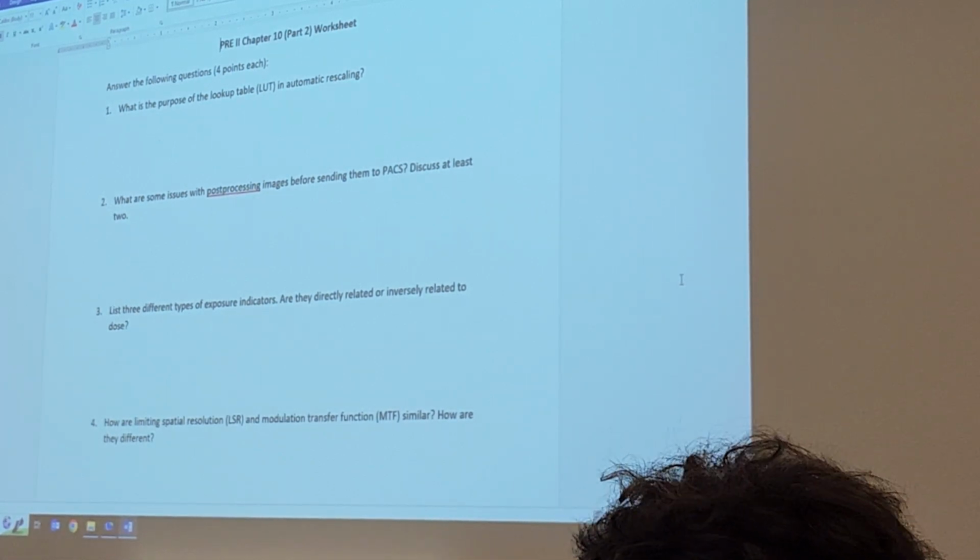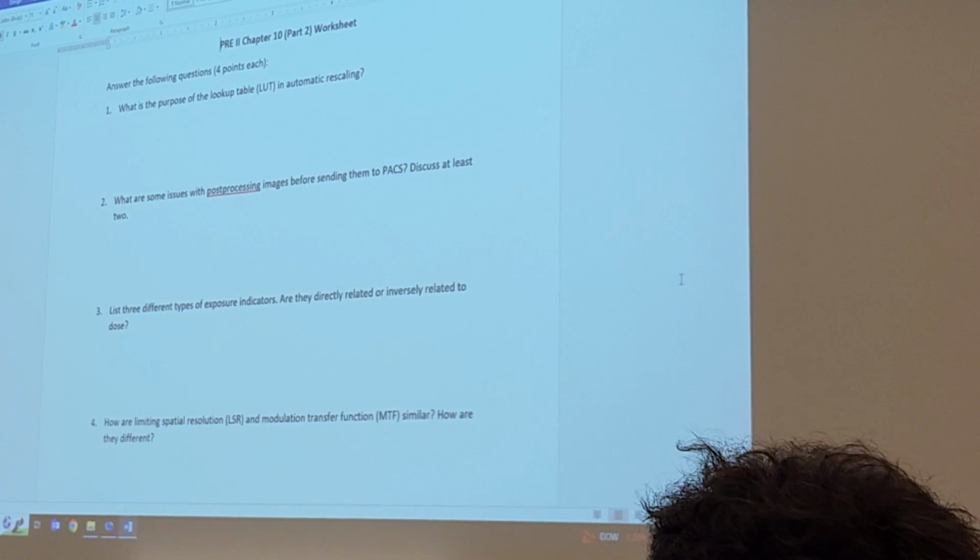And while she's looking for her worksheet, now would be a good time for everyone else to also go on to worksheets.